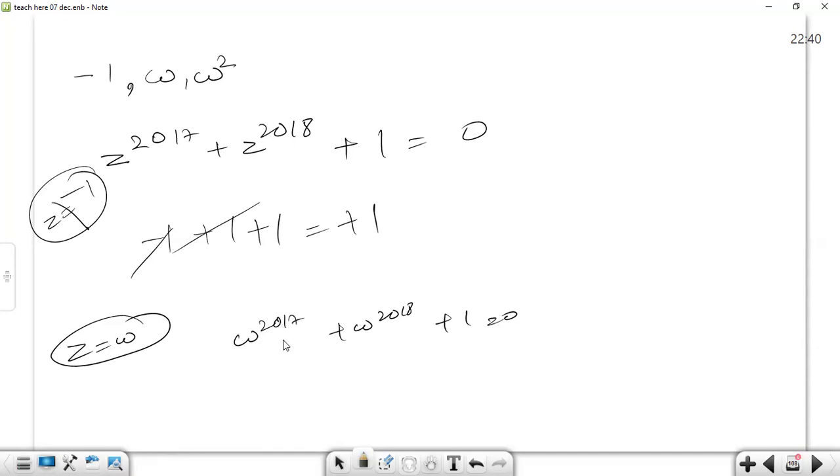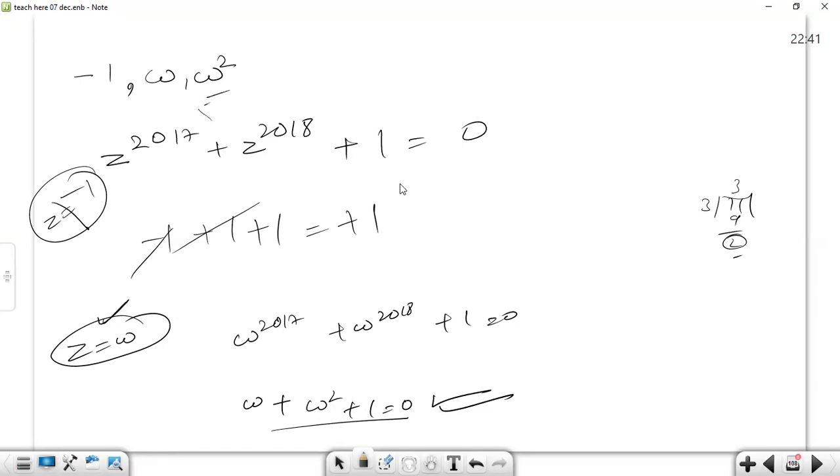So it's not a multiple of 3, 1 will be left. So we can write this as omega. Now 2 plus 0 plus 1 plus 8 becomes 11. So 11 is not a multiple of 3. If you divide 11 by 3, then 2 will be the remainder. So this becomes omega square plus 1 is equals to 0. Now, this is clear. 1 plus omega square plus omega is 0. So LHS is equals to RHS. This is one common root.